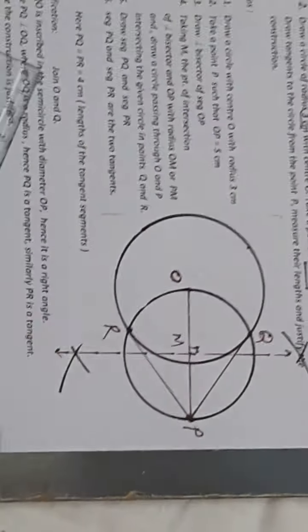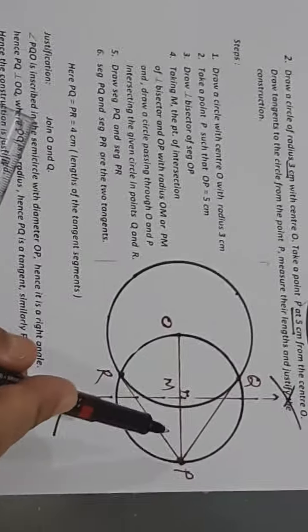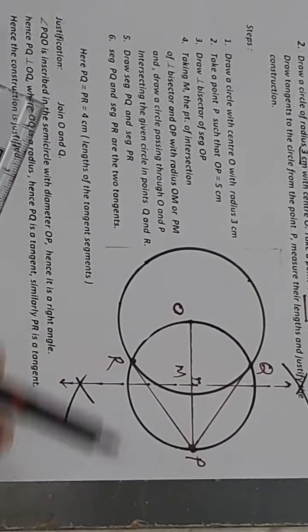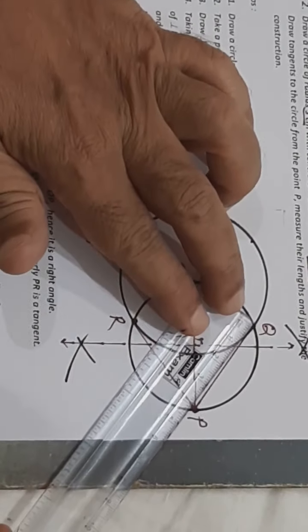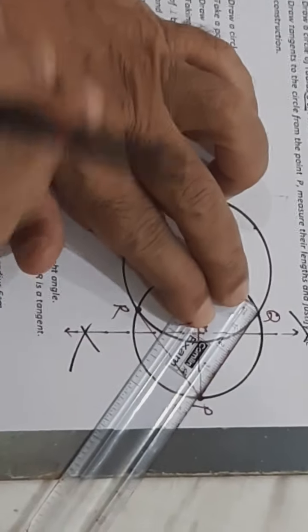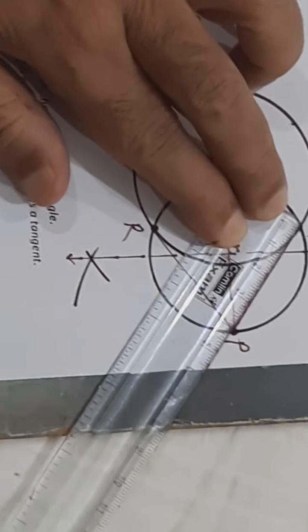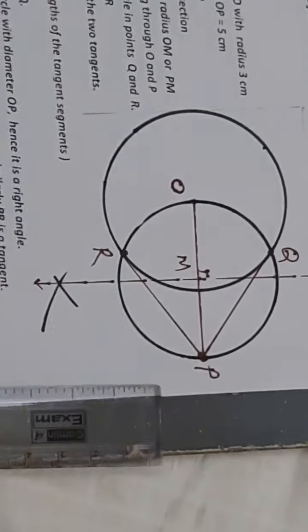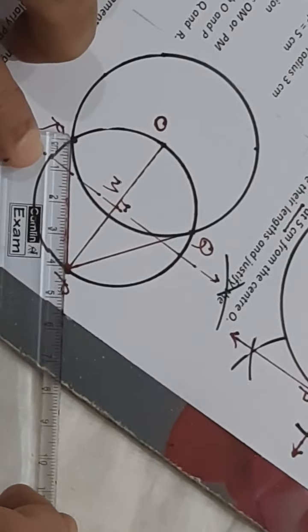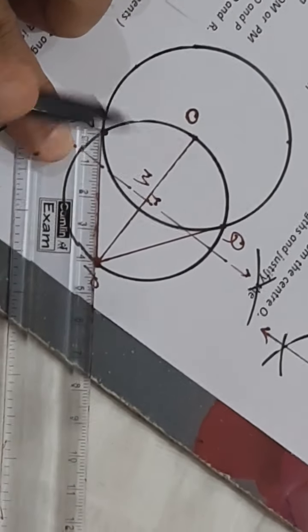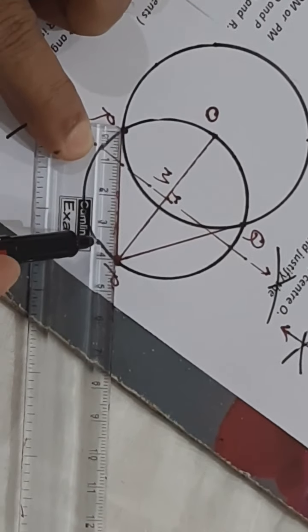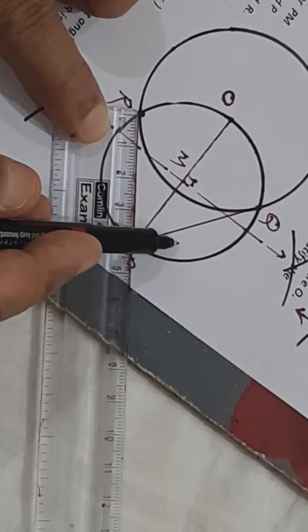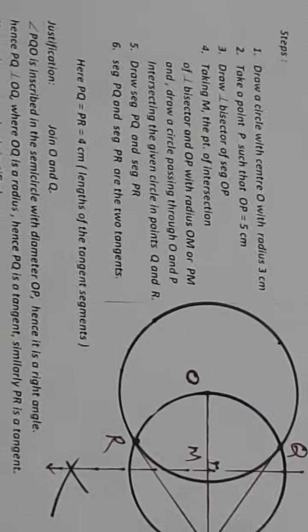Now without measuring, I am telling that this will be 4 centimeter. See here, is it 4? So PQ is 4. Similarly, PR will be also 4. See this, PR is also 4. I told you the tangents are equal in length. This is the theorem, so here the theorem is also proved.